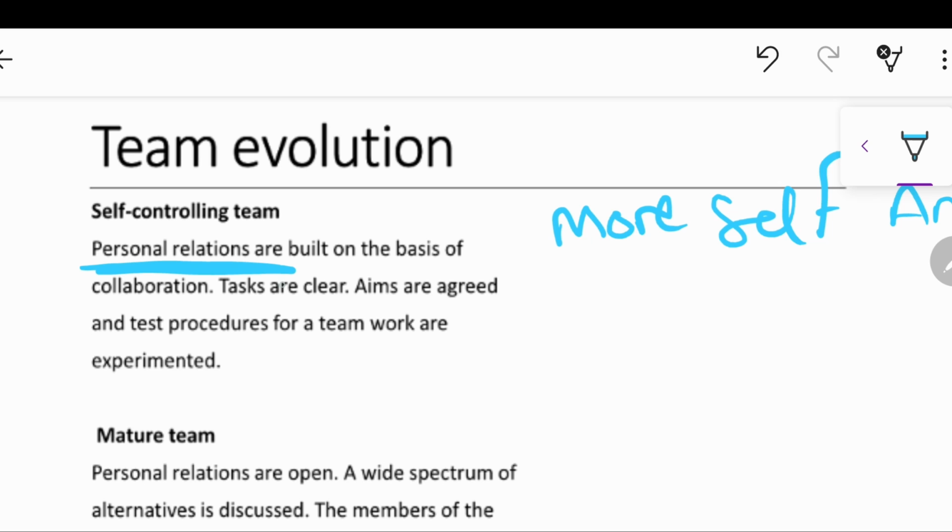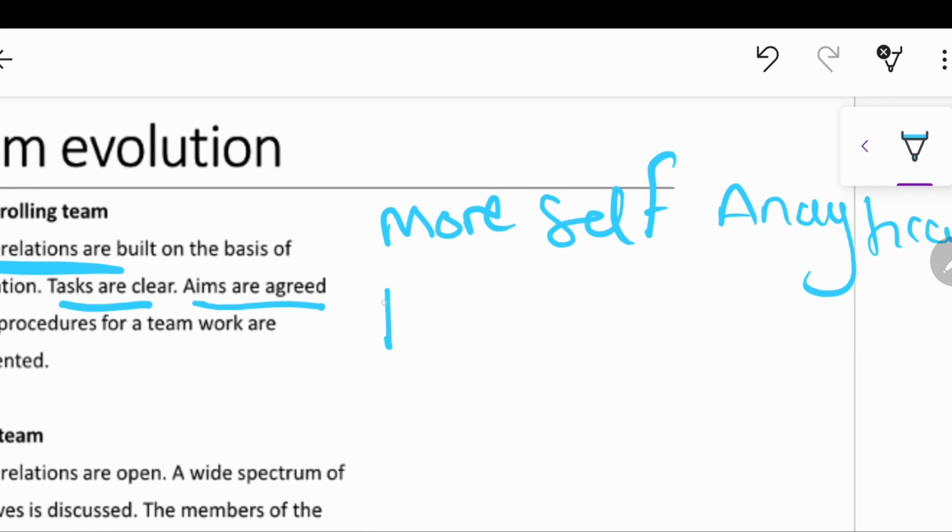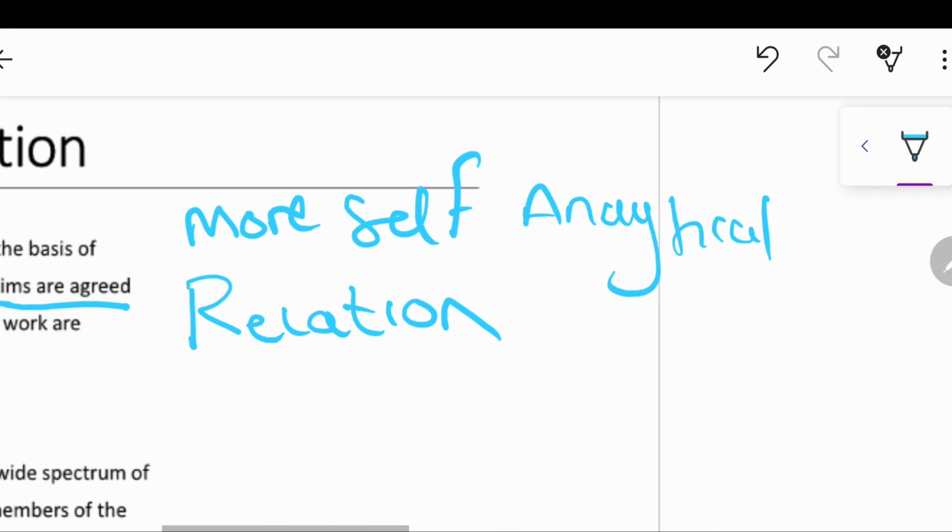This is in favor of the aim. The tasks are clear, the aims are agreed. All right. So these relations are beginning to be made in favor of reaching the goal.